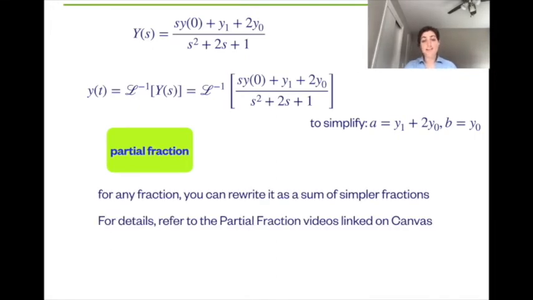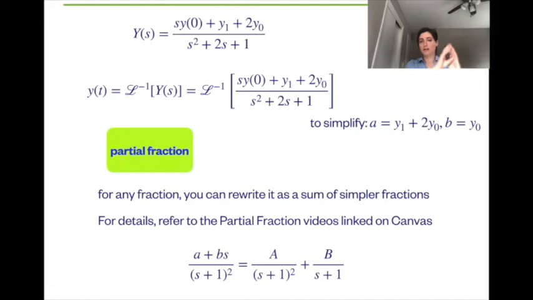For any fraction, you can rewrite it as a sum of simpler fractions. I will post partial fraction videos on Canvas, so you can follow that for more information on how to do that. But the general idea is that if you have some polynomial as a denominator and as a base a product of monomials, then you can split it as single constants divided by each denominator, one at a time.